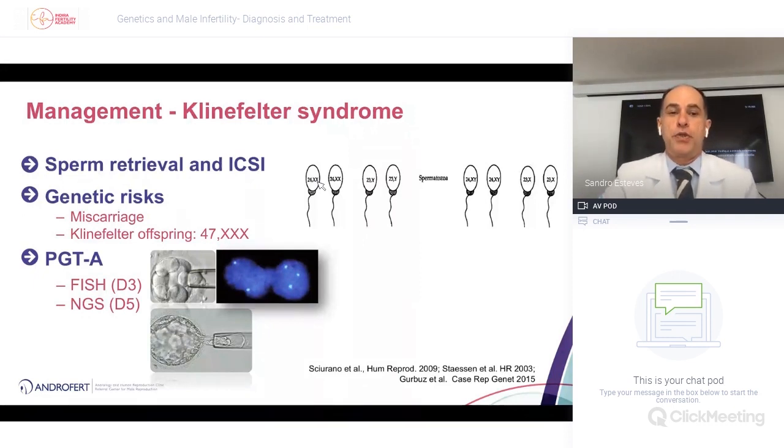So the options would be to go for PGT-A with a day 3 biopsy or NGS day 5 biopsy, which is our preference in this scenario.